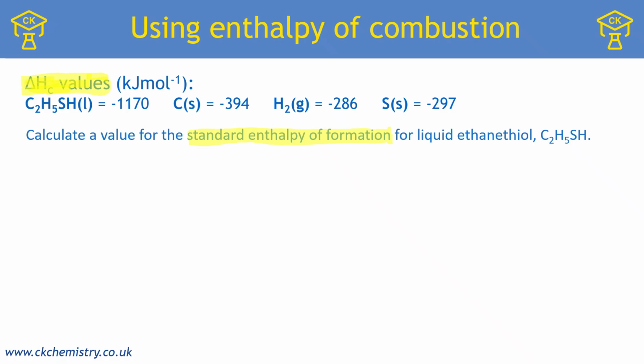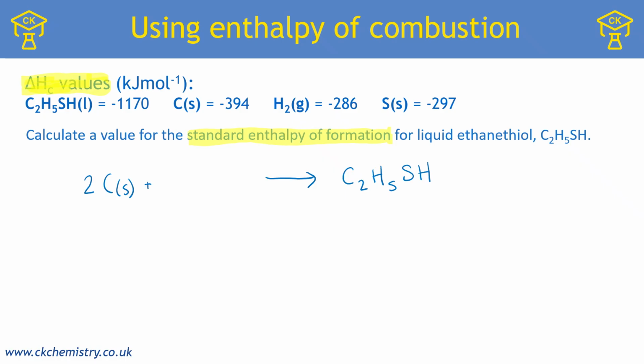To write an enthalpy of formation, put the product on the right hand side first, because I know what that is, and then go back and put the elements in. So 2 lots of carbon. Use clues in the question. It does actually give you the state symbols for the elements on the top there.